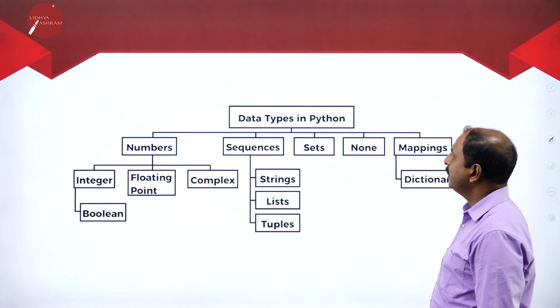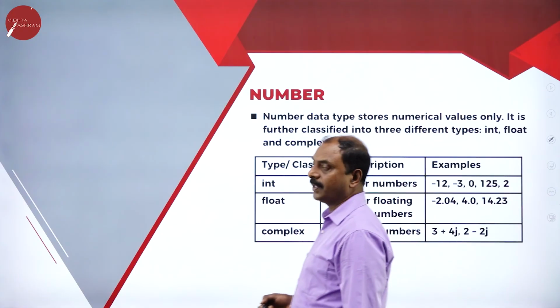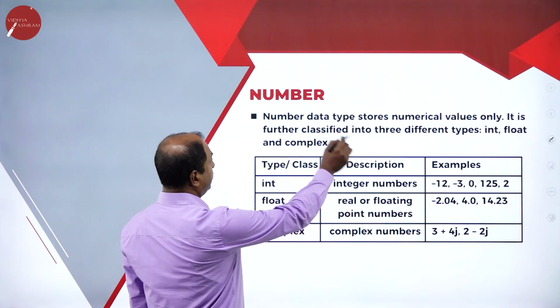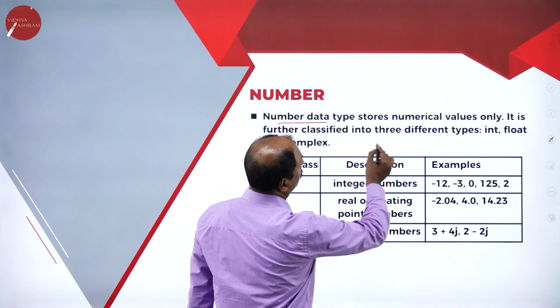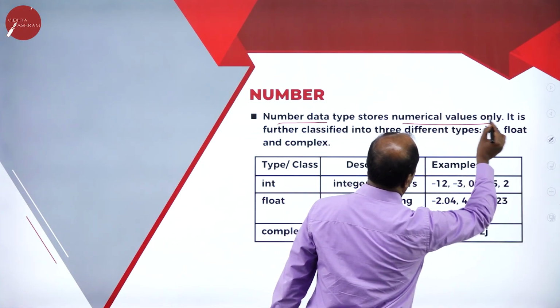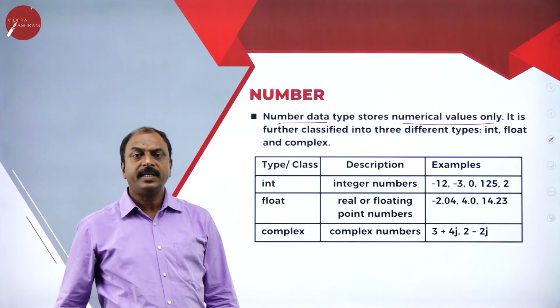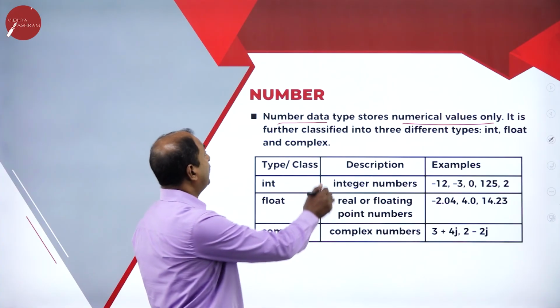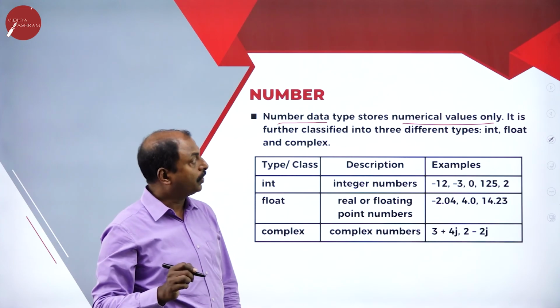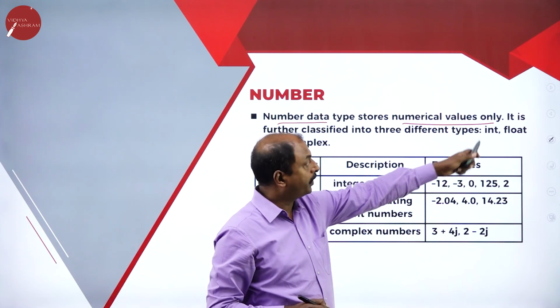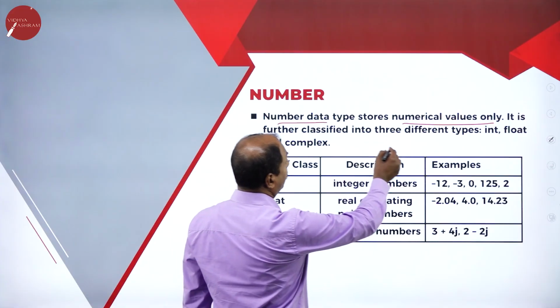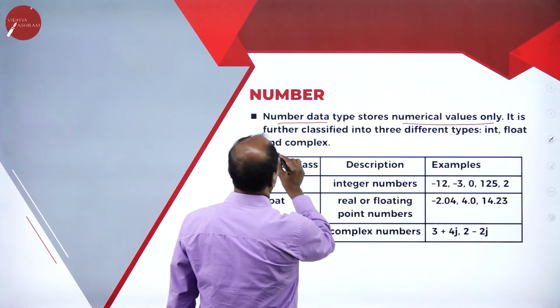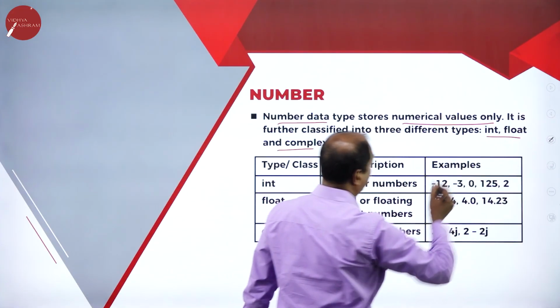Now let us see what the number data type indicates. The number data type stores numerical values only. As we know, any variable can hold any type of value, but the number data type stores only numeric values. It is further classified into 3 types: int, float, and complex.